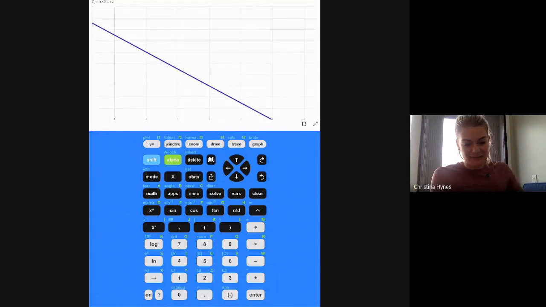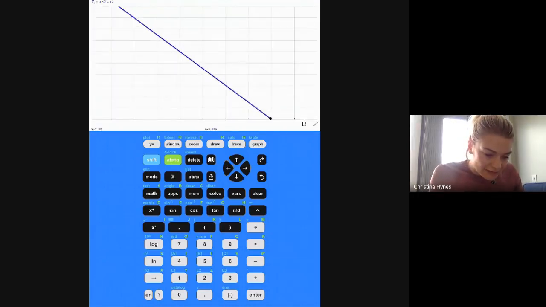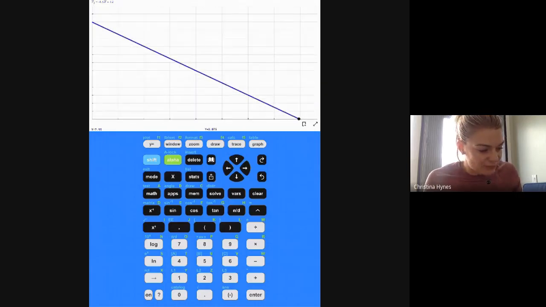There's my x-intercept around there. And then I can see using that window what the y-intercept is. That's what you need to include when you graph this: the x-intercept coordinates and your y-intercept coordinates, and then you know that you have a proper graph, okay?